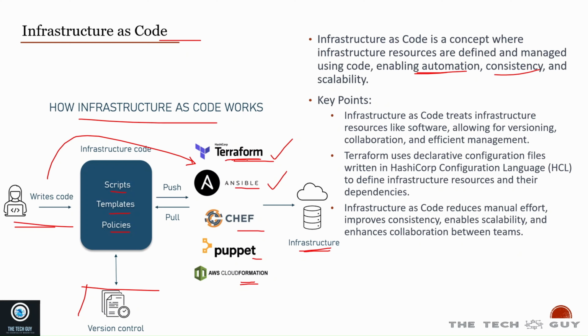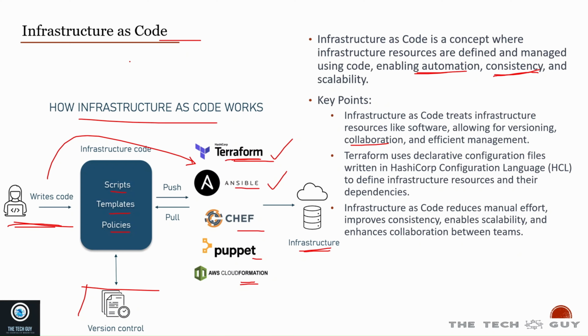Now it enables consistency also, and these are the main concepts. It also enables collaboration, because multiple people can be working on the same infrastructure. Let's assume, just to keep it simple, in your team you are 2 members.